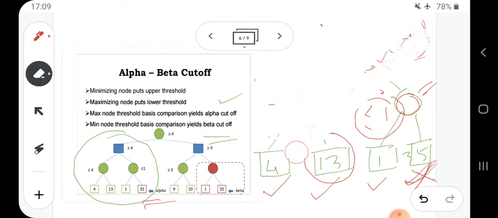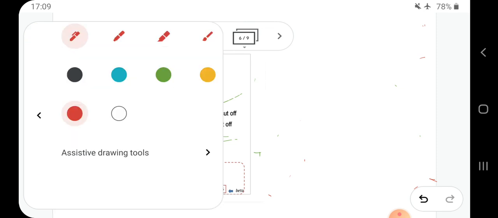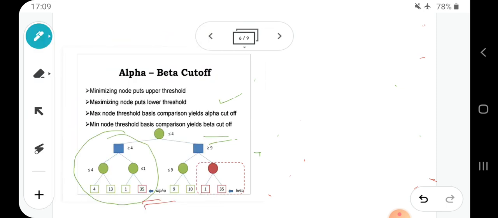Similarly, if we take the subsequent portion of the tree, here you can see that once this node has confirmed the value 4, if we talk about the root node, that is a minimizing node, so that has confirmed some value less than or equal to 4, because one of its options is coming as 4.